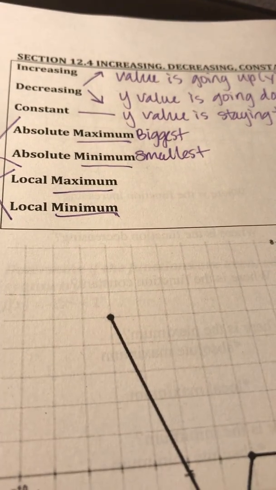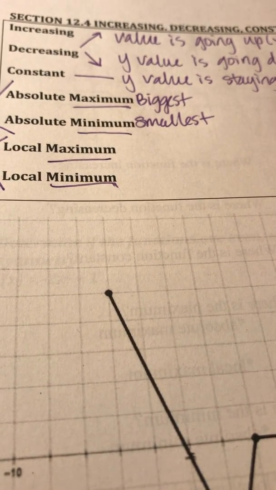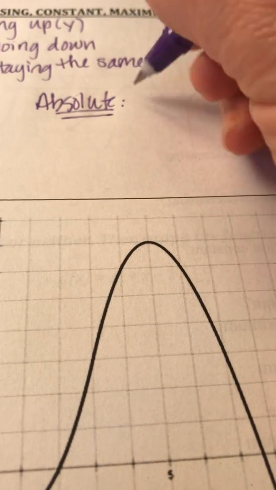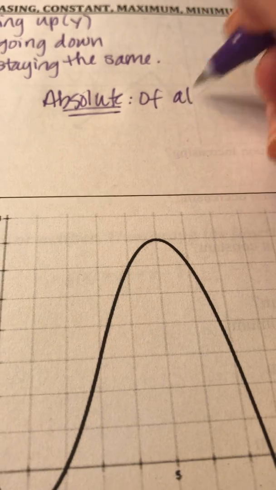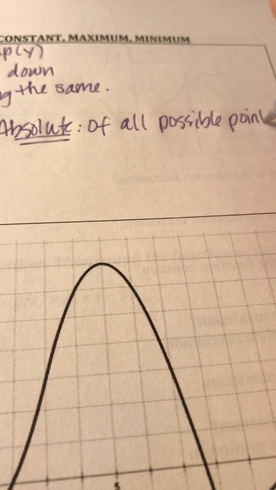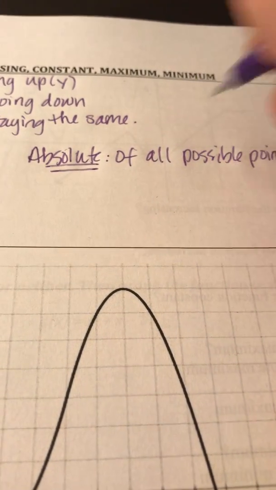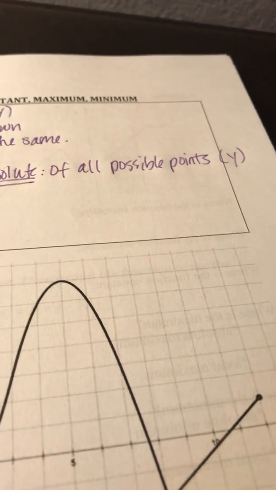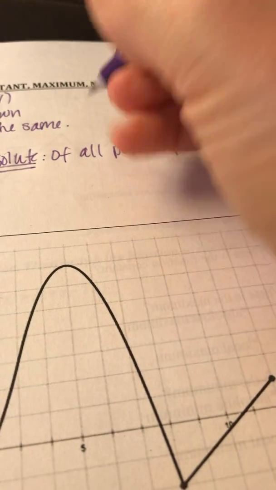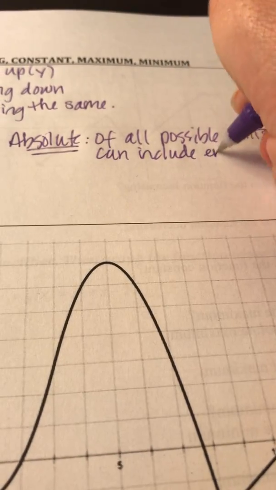If we're talking about the absolute maximum or minimum, we're talking about the point out of all possible points. Of any possible y value point, what is the biggest? This one can include endpoints.